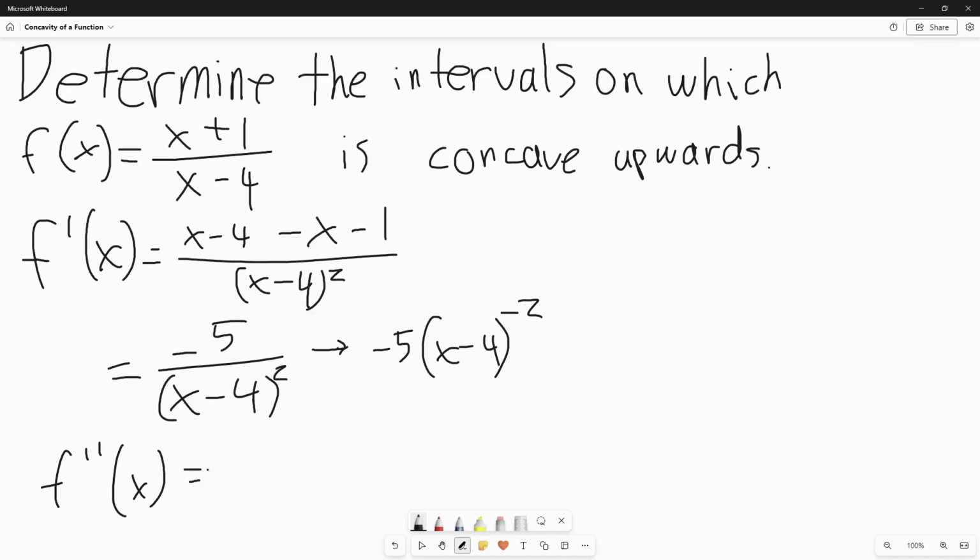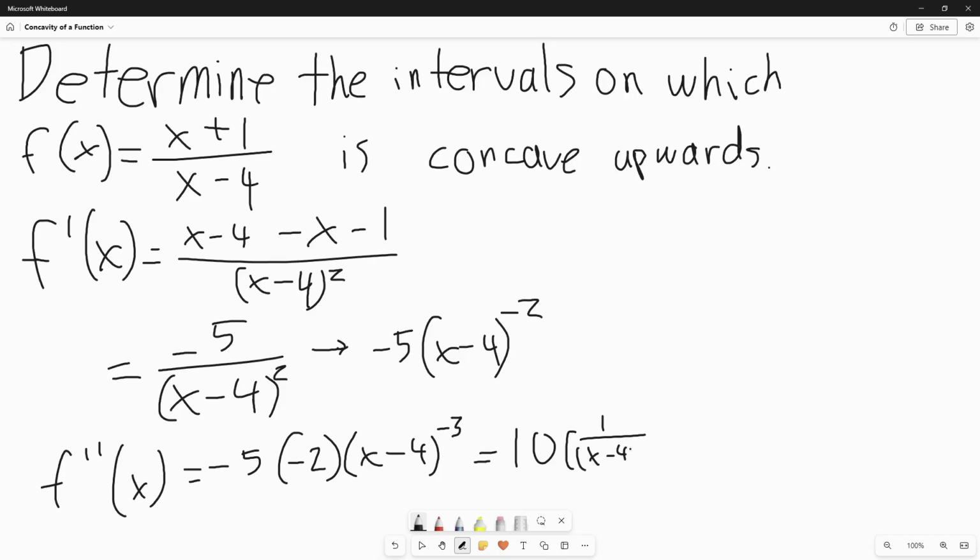So the second derivative of f of x is going to be negative 5 times negative 2 times x minus 4 to the negative 3. This can be rewritten as 10 times 1 over x minus 4 to the third, equals 10 over x minus 4 to the power of 3.